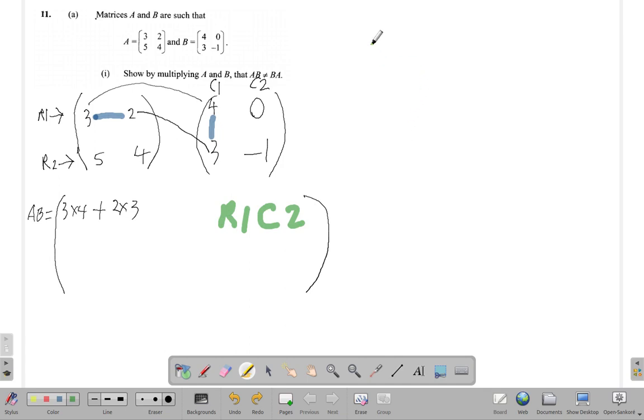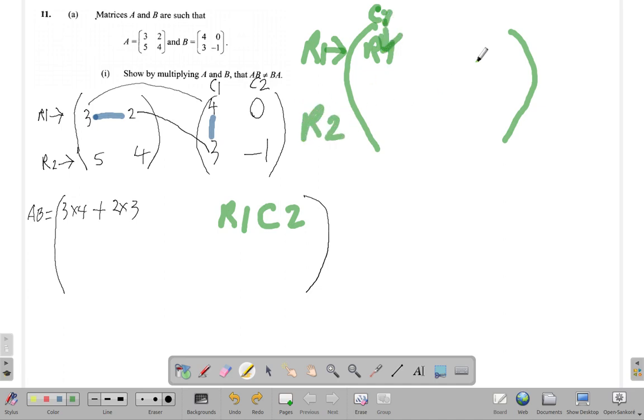Remember, for any 2 by 2 matrix like this, this is row 1 going across, and this is column 1 going down.